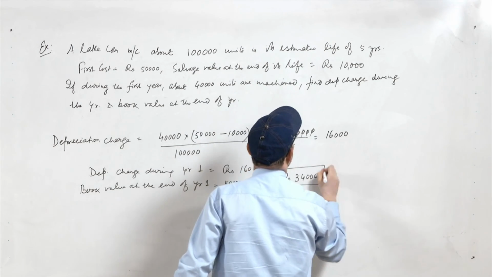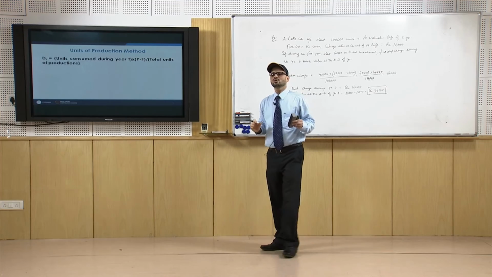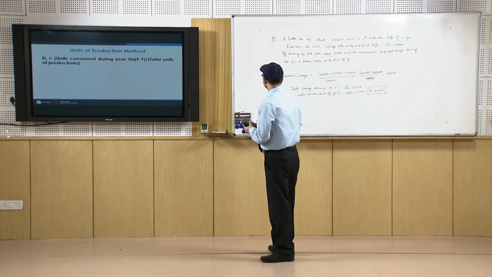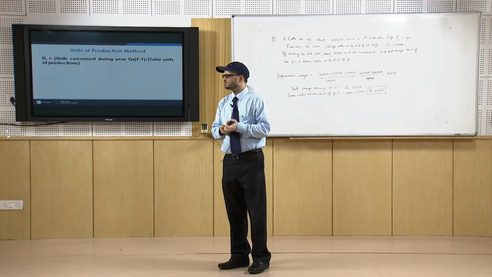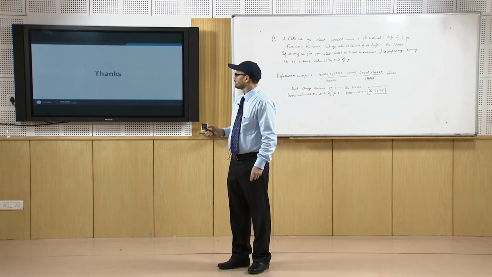This 34,000 will be the book value of the asset. That is how you calculate the depreciation charge using the units of production method. Thank you.